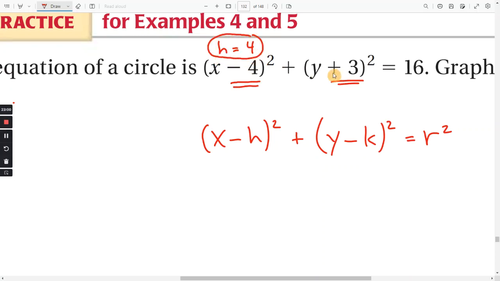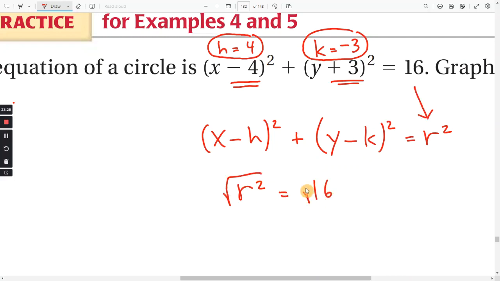And the k value is going to be -3. So again, I just changed the plus minus sign on the number in parentheses, and we can see that r squared is 16. So taking the square root of both sides, r is just 4. Okay, we don't need the -4.